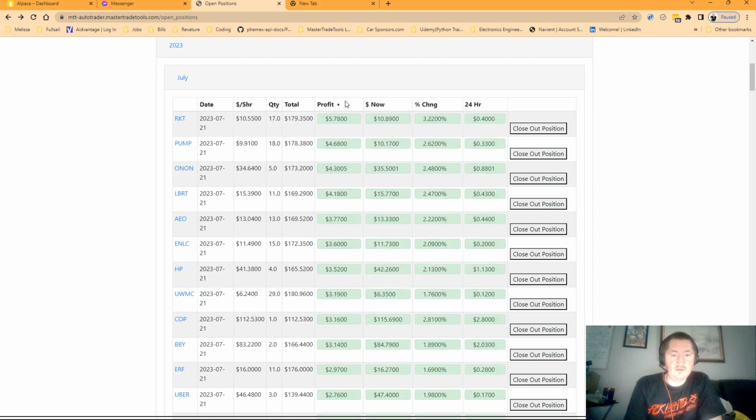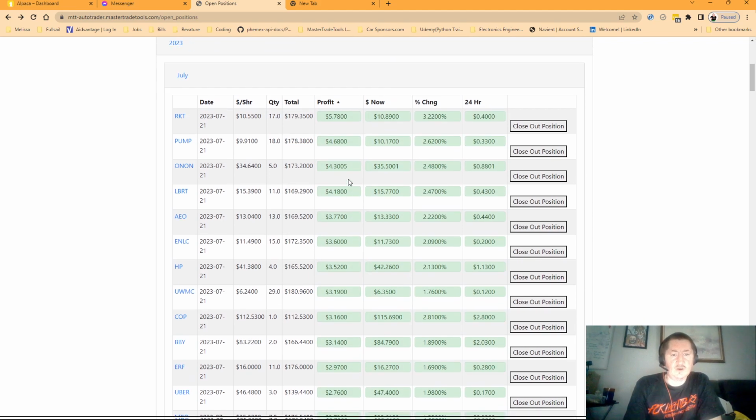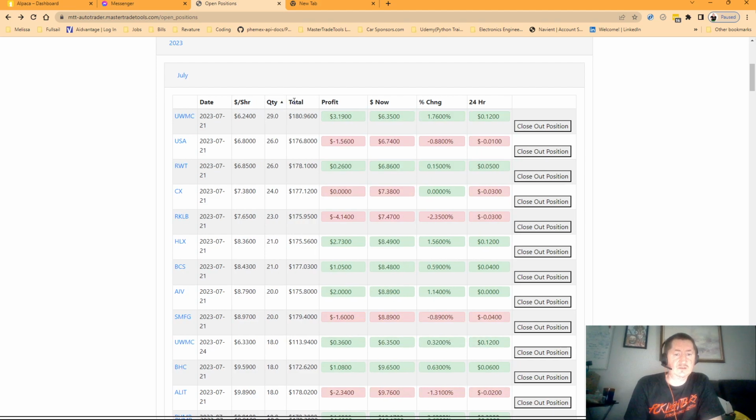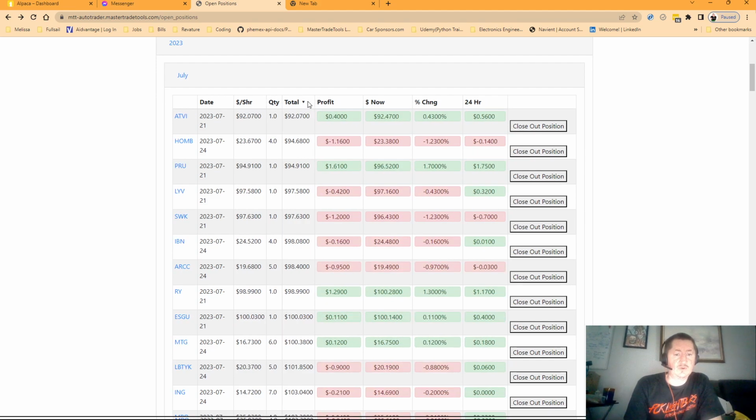All right, so this is sortable. You can sort it by date, by share, by quantity, by the total purchase amount, by current profit, and by what the current price per share is.